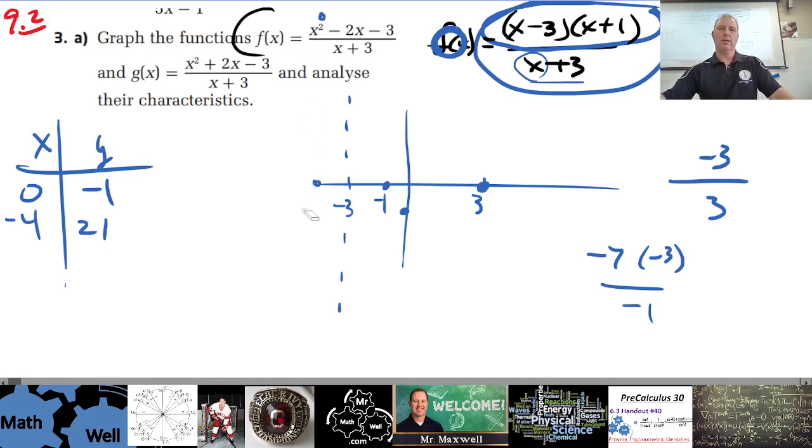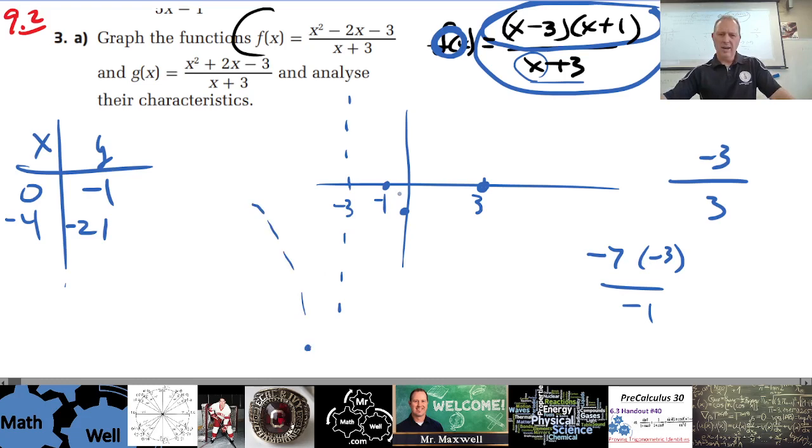So it looks like maybe we've got something going on like this. Did you say that was positive? It's supposed to be negative. Oh, it is negative. Thank you. So -20, way down here. So it looks like we might have something going on here like this.